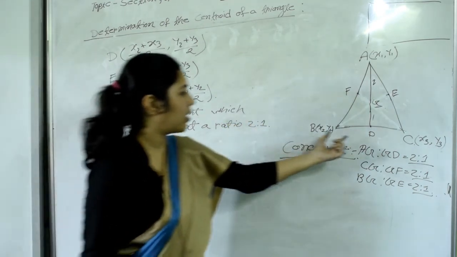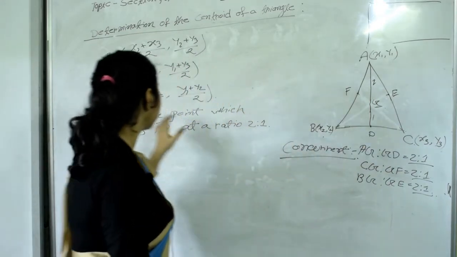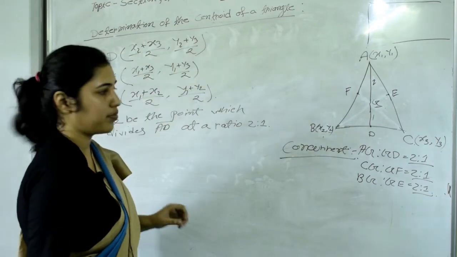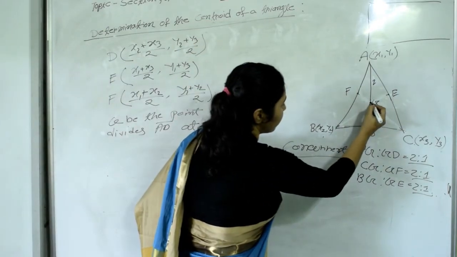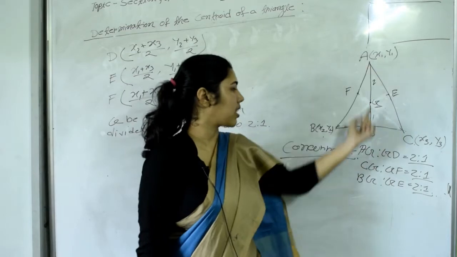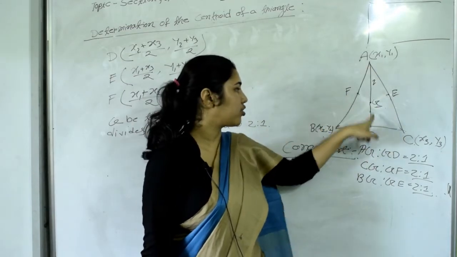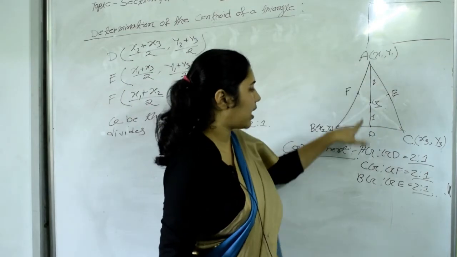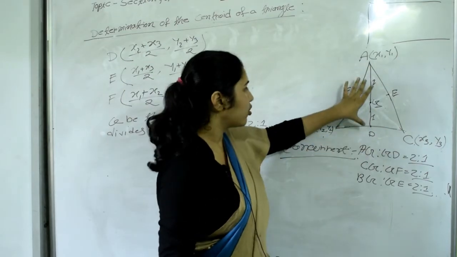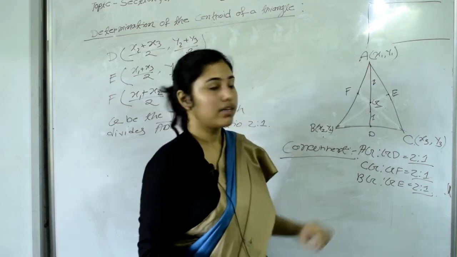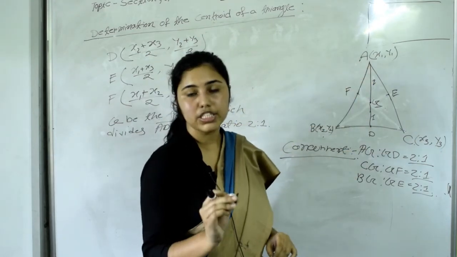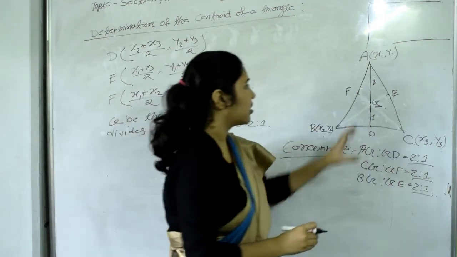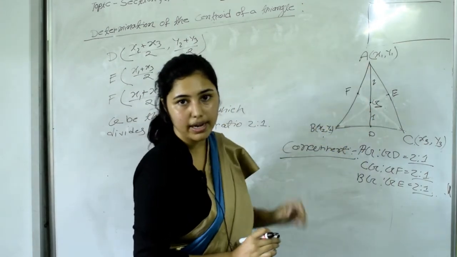Okay, here the coordinate of the point D is (x2 plus x3) by 2 and (y2 plus y3) by 2, and the point G divides this line segment AD at a ratio 2:1. And look here, G is between A and D, right? Which means G divides AD at a ratio 2:1 internally, because G is between A and D.